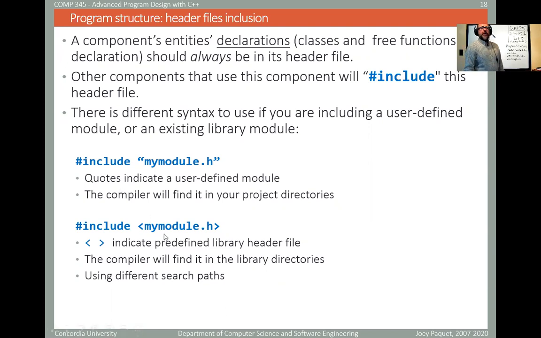If you go hash include and use angle brackets like this, then it's indicative that this is a system library. Depending on what libraries you have installed in different folders here and there, if you use angle brackets, the compiler is going to look into these folders.